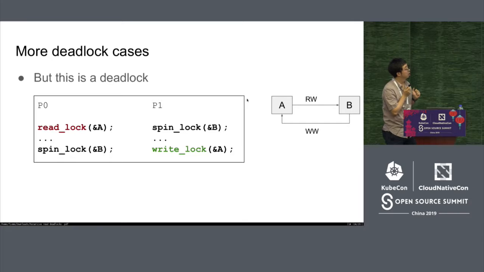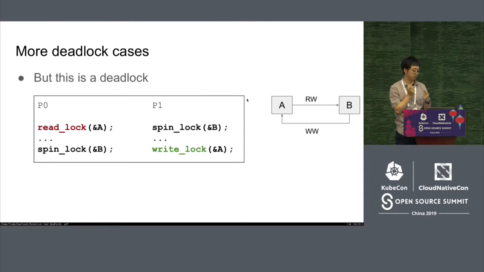And this is a deadlock itself, and the writer will be blocked by the reader. The write lock will be blocked by P0. And if it's a ring layout, then we can see that here B to A is a WW.